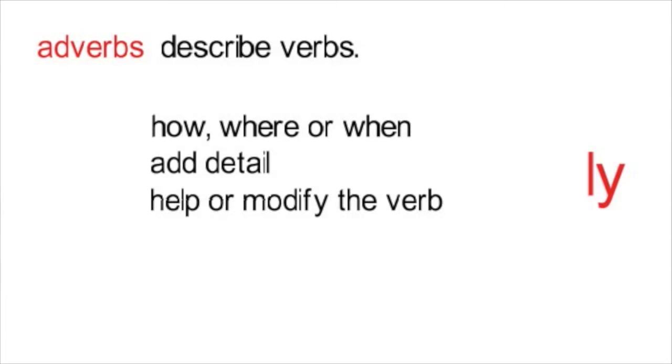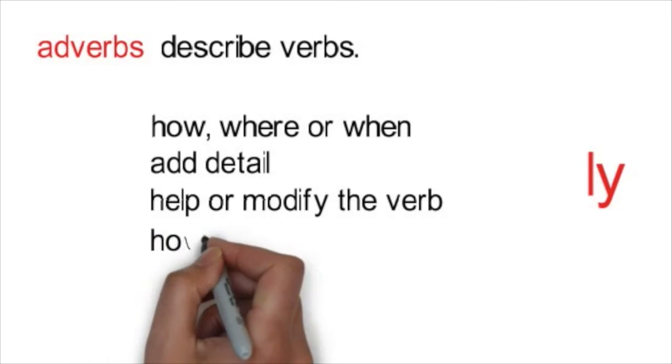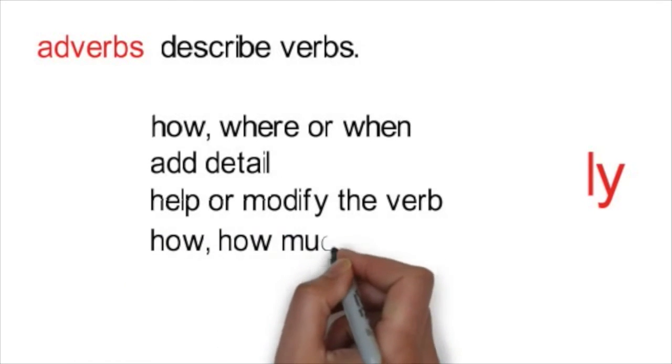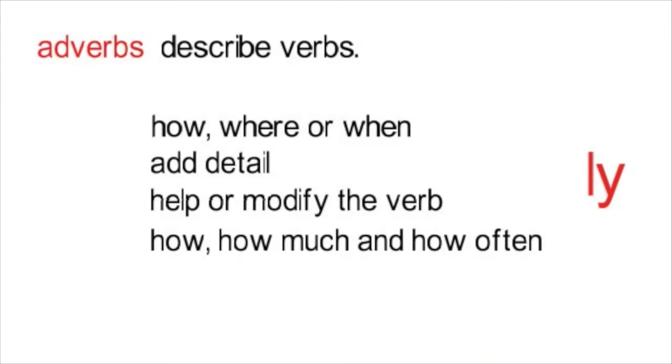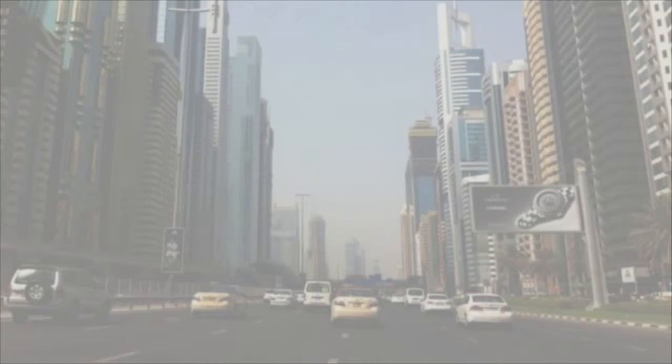Adverbs, like adjectives, also help make our sentences interesting. They describe how much, and how often something is done. Now, let's look at a few examples of sentences that have adverbs in them.